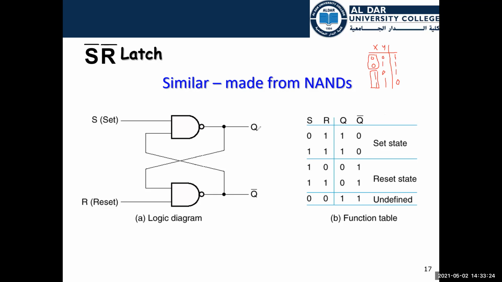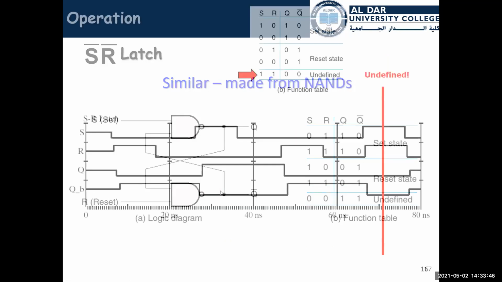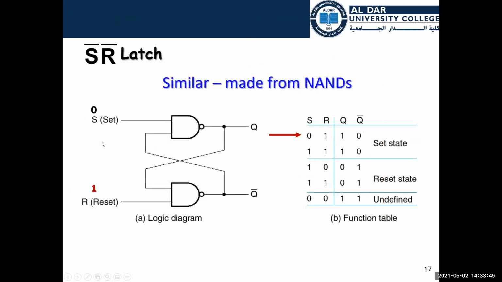Putting that in our mind, we can move on to understand how this is happening. So if we have Q at 1, this is the previous state, and we have S at 0. Sorry, let me start again.